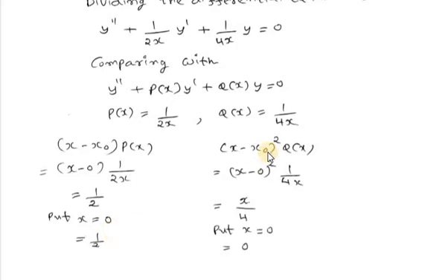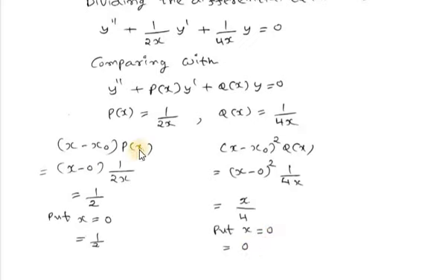Now here replace x0 by 0, so we have (x minus 0) whole square and q(x) is 1 over 4x. So this is x square divided by 4x. So the result is, after simplification, x by 4. Now this is a function of x, and putting x equals 0 in it, we get 0.